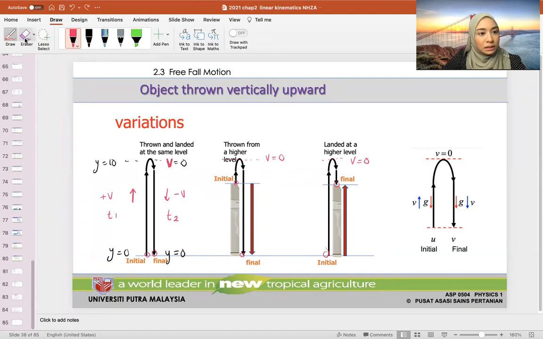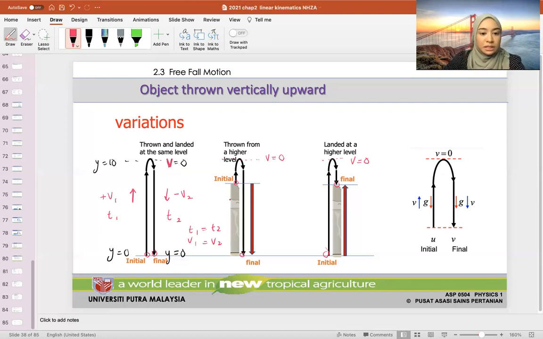T1 and T2, V1, V2. T1 is equal to T2 in value. Time is a scalar quantity, so you don't have positive and negative. V1 is equal to V2, but the directions are different. Going up is always positive, going down is negative.